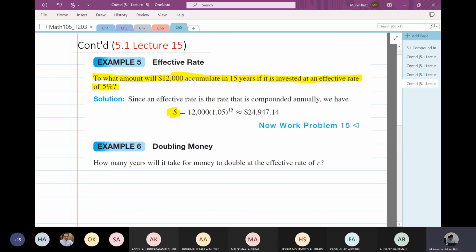S is equal to the principal amount times (1 plus R)^n. And what is R? 5%. So 1 plus 0.05 will be 1.05, and n is 15. So everything is clear, given in years. No worries. And this is the answer.